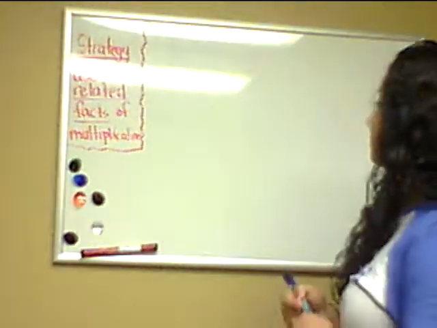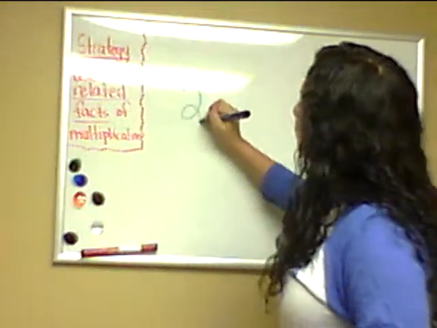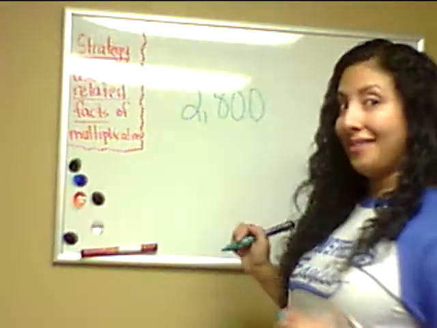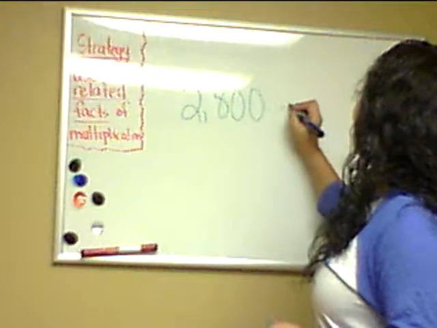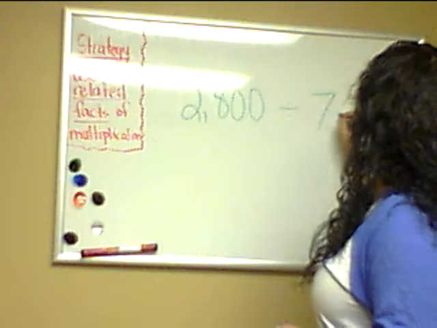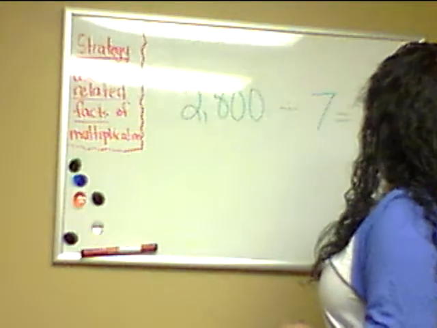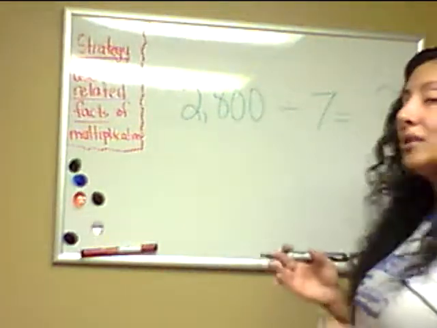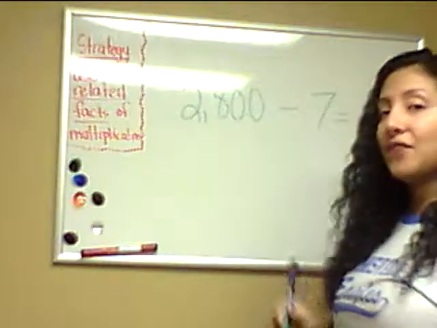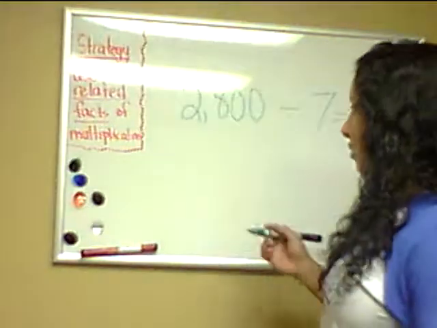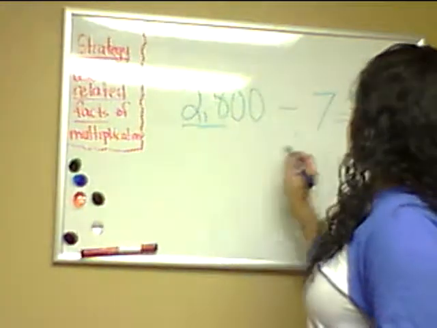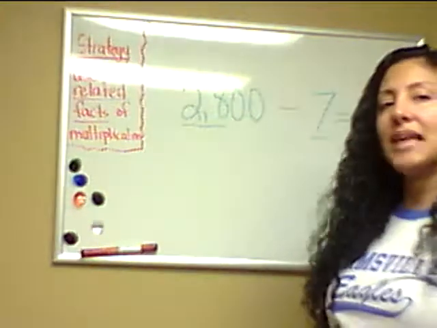Let's do 2,800, ooh, big number, divided by 7 equals blank. We don't know our quotient. So, step 1, using the related facts of multiplication strategy, as you already know, say it with me, is underline our basic fact. 28 divided by 7.